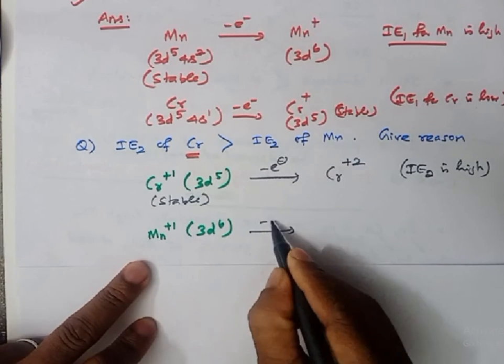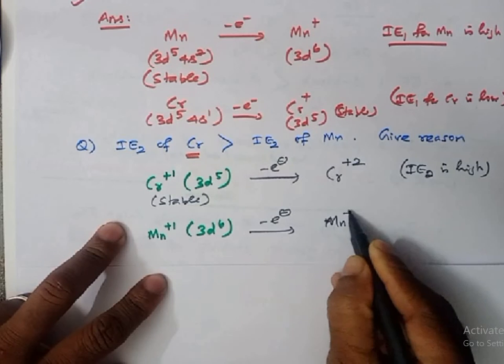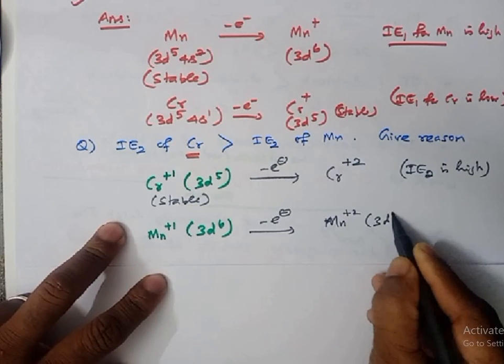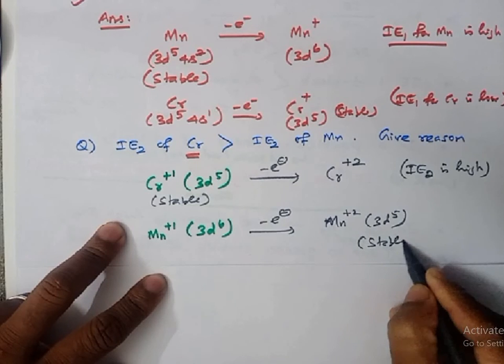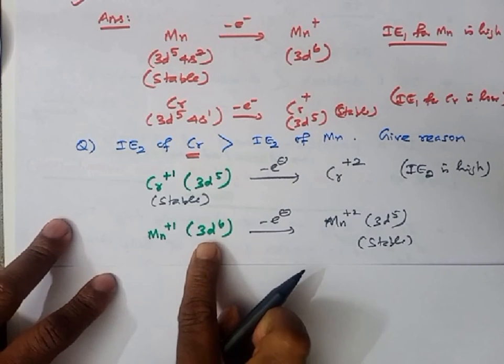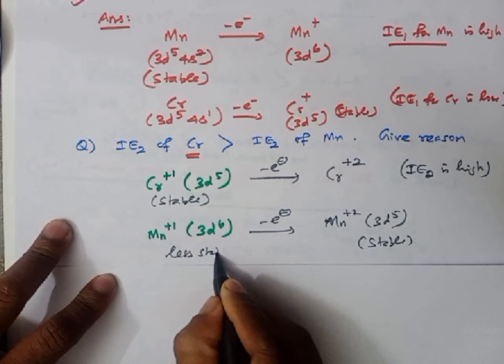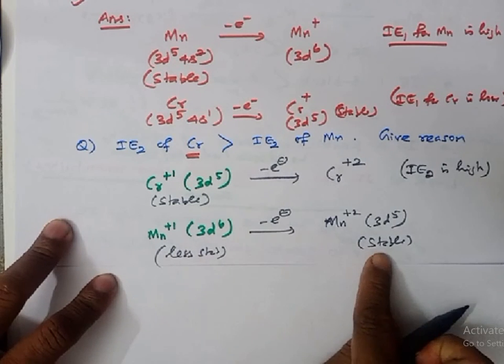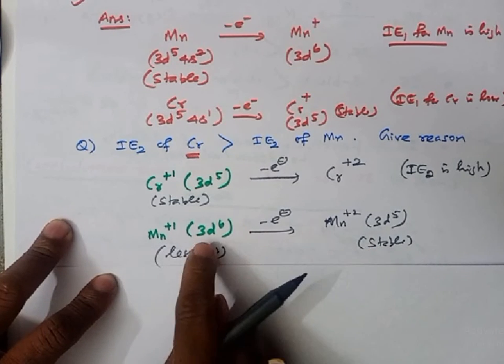Whereas this is an unstable configuration. If I remove one electron, I will get Mn plus 2 with the configuration 3d5. 3d5 is a stable configuration, students. Observe carefully. This is less stable, whereas if I remove one electron, I am getting a stable configuration. Therefore, removal of an electron is easy here.